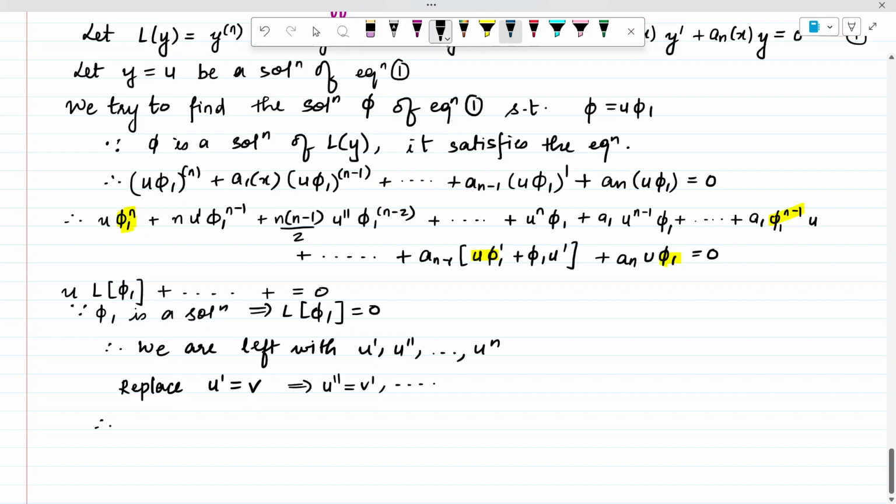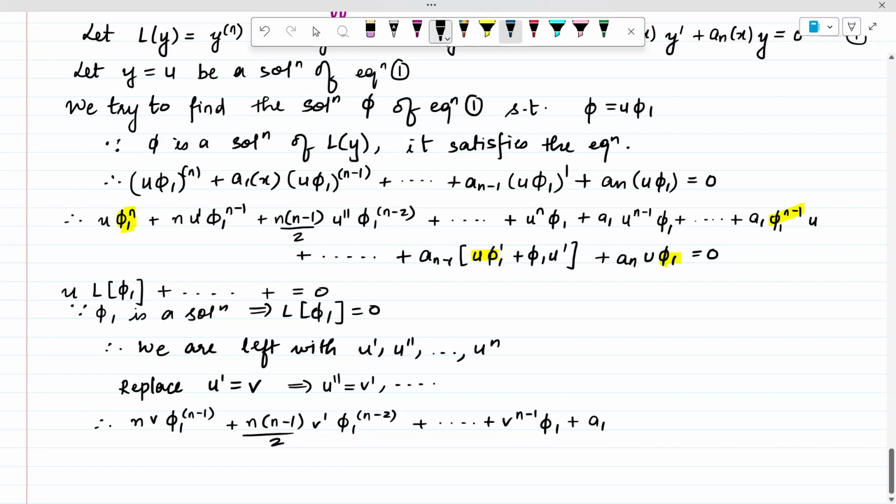The first one, I'll be left with n times v phi 1 n minus 1th order, n(n minus 1) by 2. All the highlighted terms are all out, okay? They're all out with 0. U double dash will be replaced by v dash, and phi 1 of order n minus 2. Un will be replaced by n minus 1 for v and phi 1 as it is.